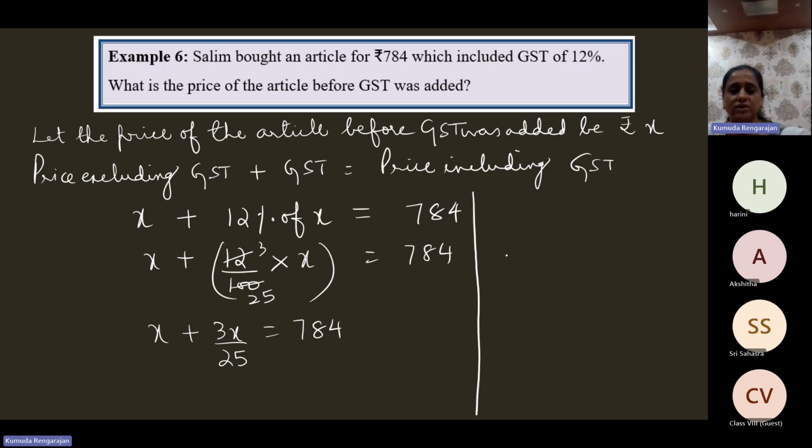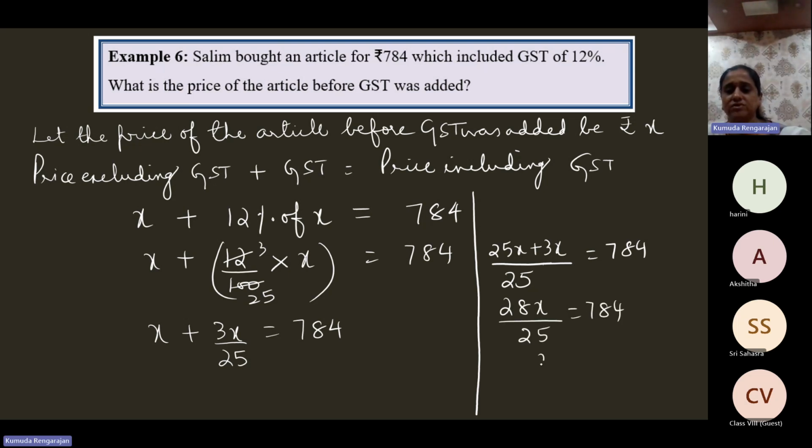So common denominator 25. So you'll have 25X plus 3X is equal to 784. 28X by 25 is equal to 784. X is equal to 784 into 25 by 28, as 28 by 25 goes to the other side.